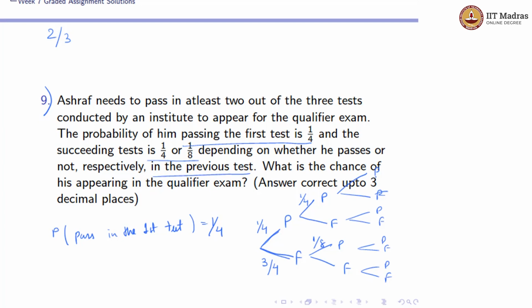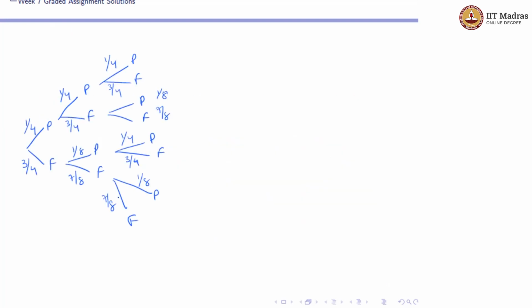Now, with what probability is he going to appear in the qualifier exam? To appear, he needs to pass 2 out of 3 tests. Let E denote the event where he passes at least 2 tests.